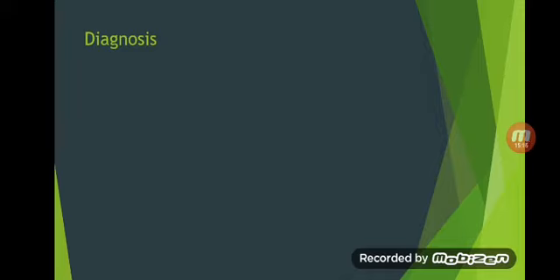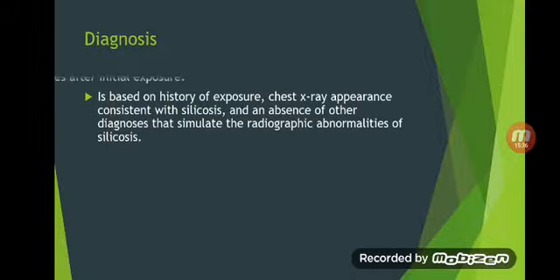Symptoms of chronic silicosis manifest only 1 to 3 decades, so 10 to 30 years, after the initial exposure. Okay, so typical history of exposure, chronicity, appearance of symptoms after 10 to 30 years of exposure, chest X-ray appearance, exclusion of other diseases.